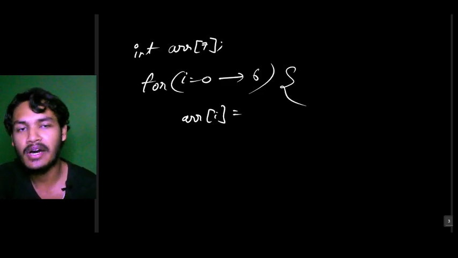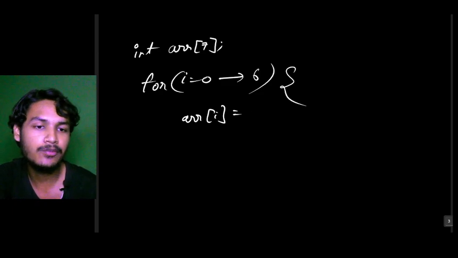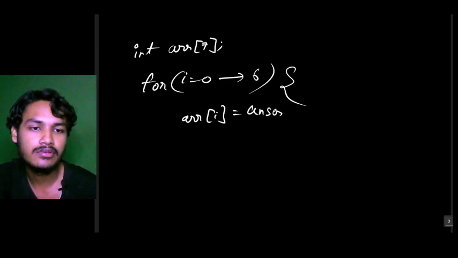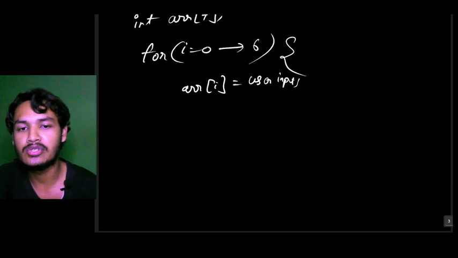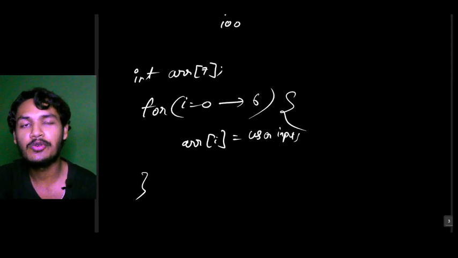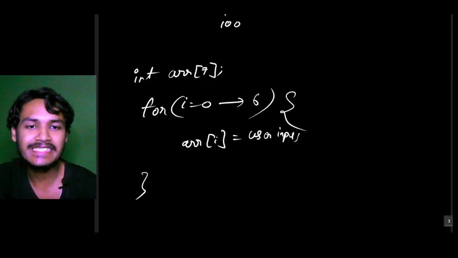Let's say you are taking the data from the user's input, and then you can close this for loop. So in this way you can store the data inside the array.